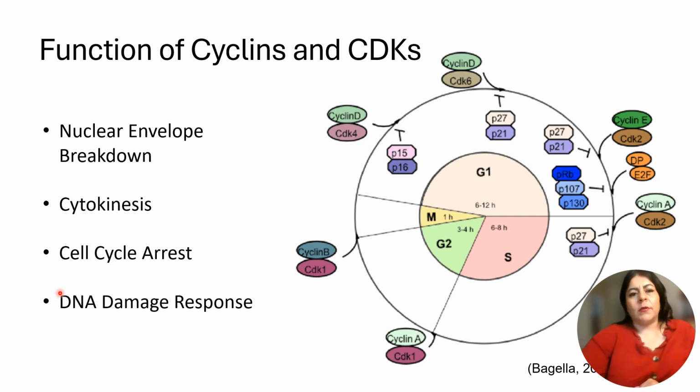All right, so in this slide, I'm going to talk about cyclin-dependent kinases. They are pivotal in regulating cell division, and they do this by phosphorylating key proteins. So these proteins modulate essential cellular processes.